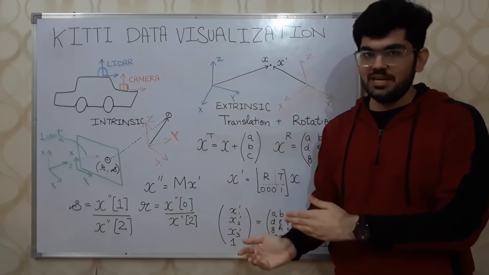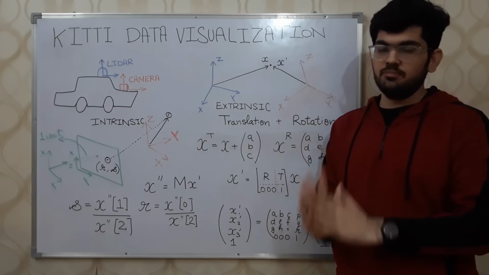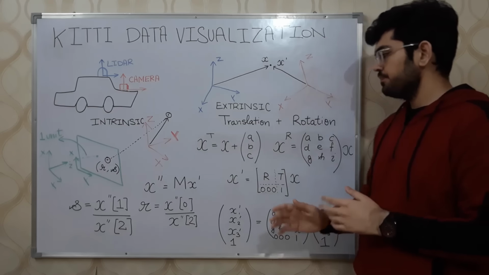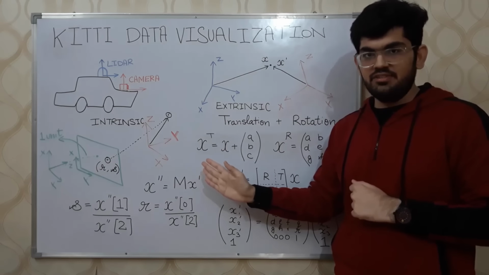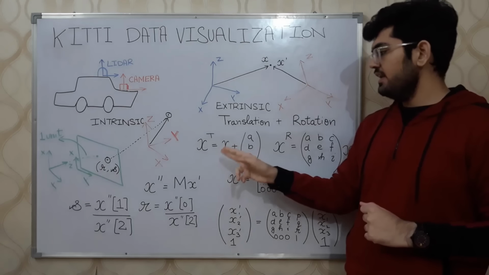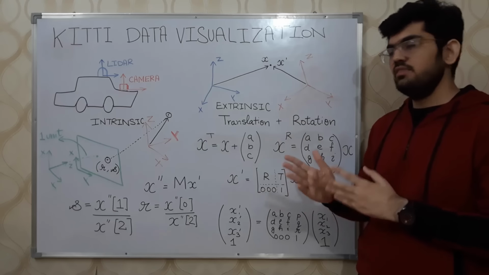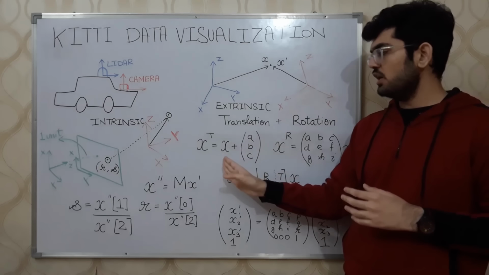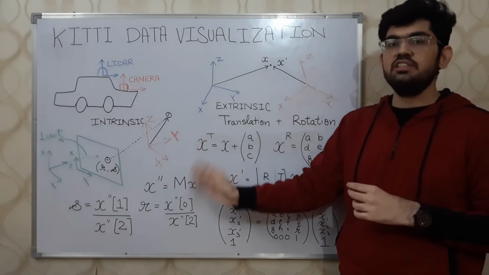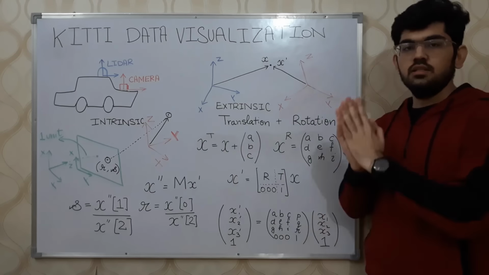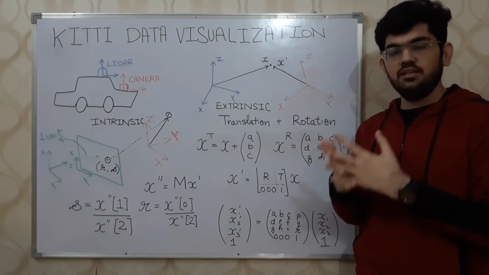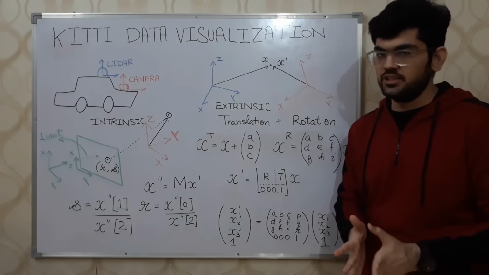Without going into much depth, let us see how the mathematical representations of these look. In order to get the translated vector, we simply need to add another vector to our original vector. In this case, we are adding this ABC vector to our original x to get xt, which is the translated vector. The rotation operation can be understood as a matrix multiplication.